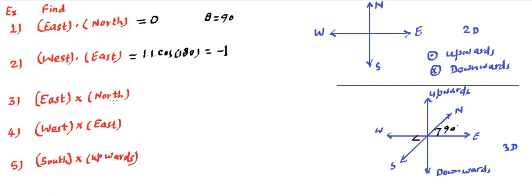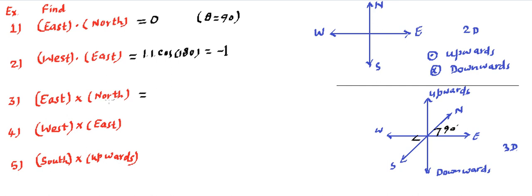We know the cross product of unit vectors comes out to be a unit vector. That means when directions are multiplied in a cross manner, the answer will be a direction. In the first two cases, the answer is not a direction, it's simply a magnitude. Okay, so east cross north. When we do the cross product between east and north, what should the answer be?